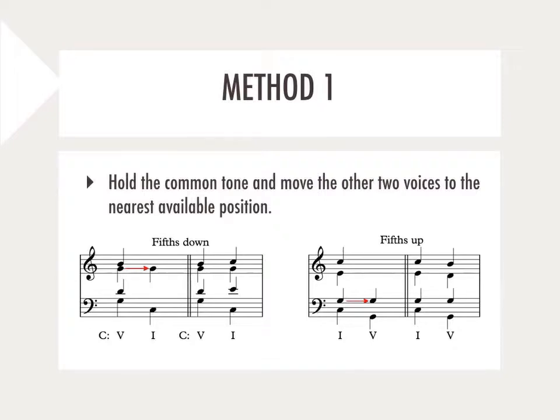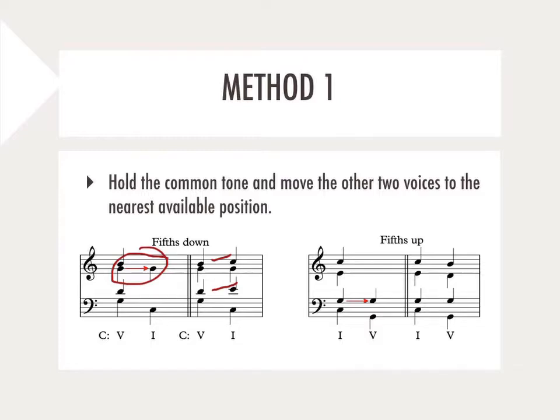After you hold the common tone G, you will move the other 2 voices to the nearest available positions. The B goes up to the C, and the D goes to the E. Notice that when you use this method, you don't have to worry about any parallels, fifths, or octaves.